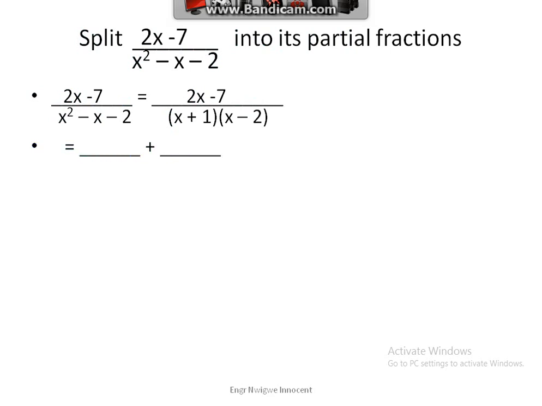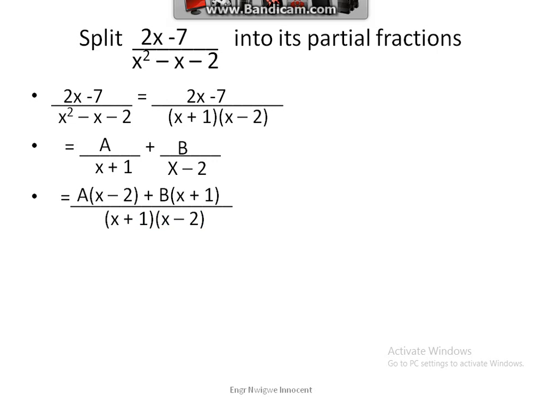We now have A over (s + 1) plus B over (s - 2). If we find their LCM, which is (s + 1)(s - 2), when (s + 1) cancels (s + 1) we are left with (s - 2) times A, and for B, when (s - 2) cancels (s - 2) we are left with (s + 1) times B. Therefore on the numerator, 2s - 7 equals A(s - 2) plus B(s + 1).